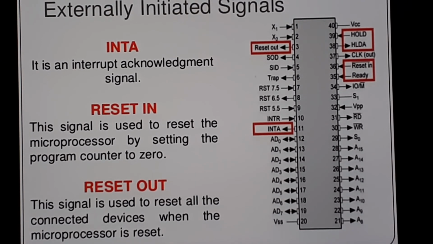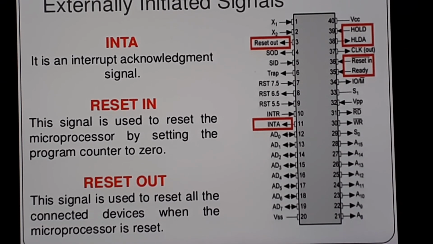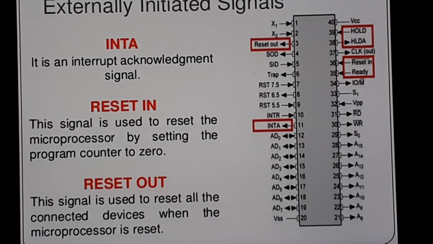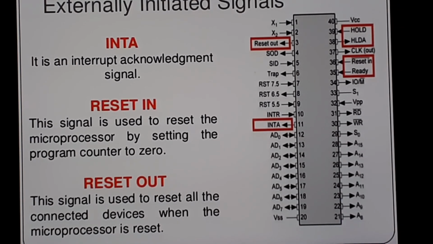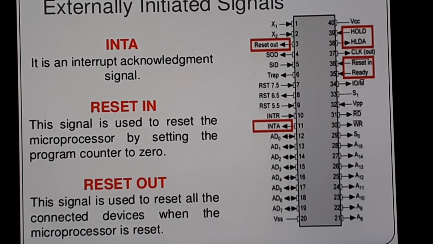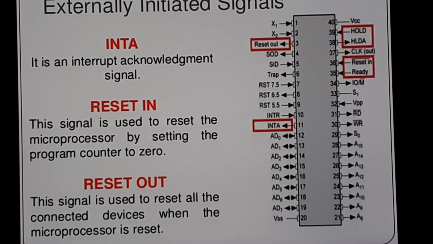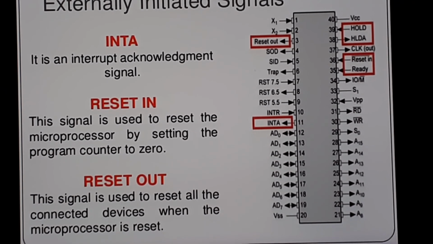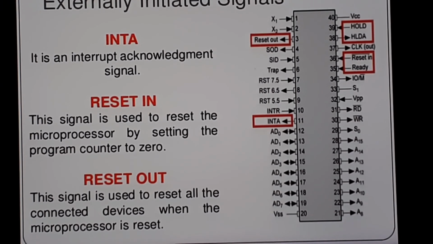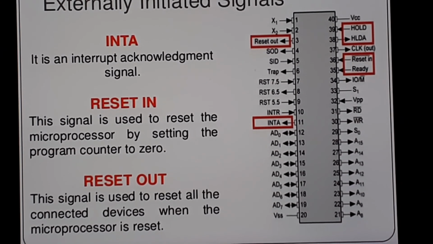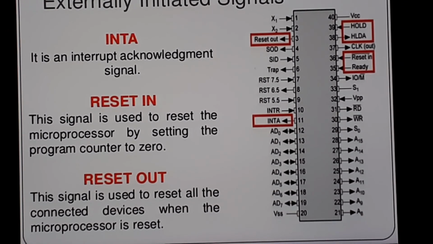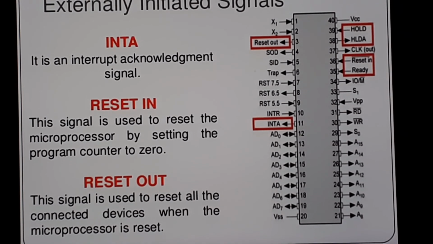An interrupt means some signal has interrupted the processor while executing a program. So for INTA, note two points: INTA stands for interrupt acknowledgement, and when this signal goes low, the processor has acknowledged an INTR, interrupt request.